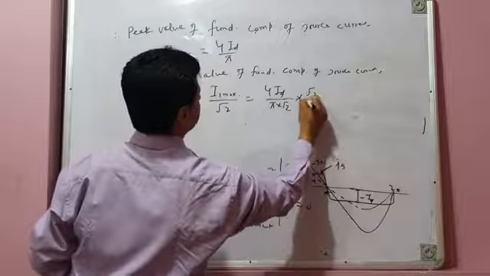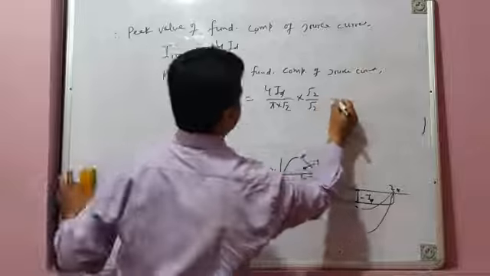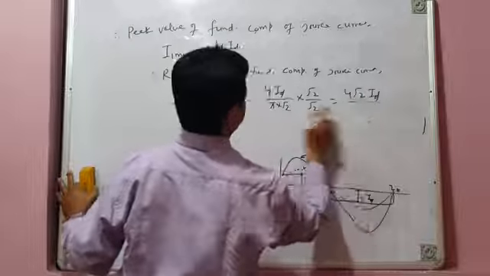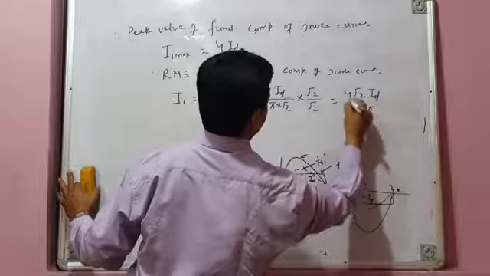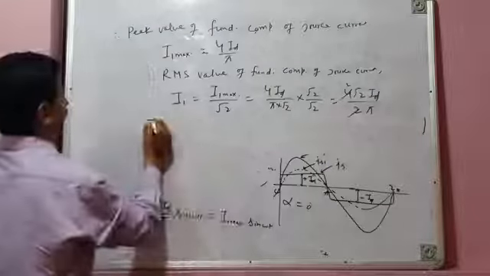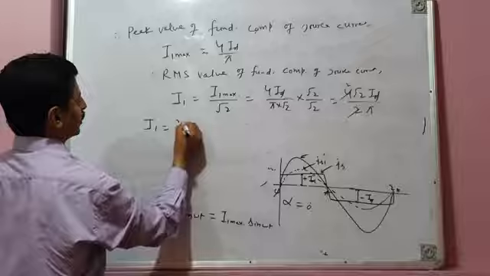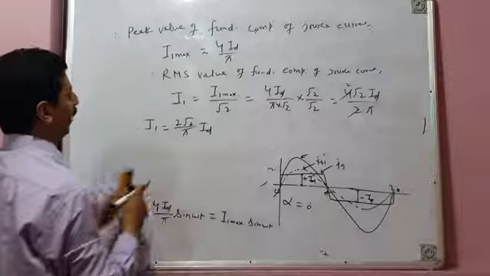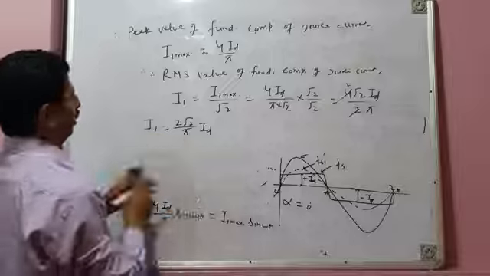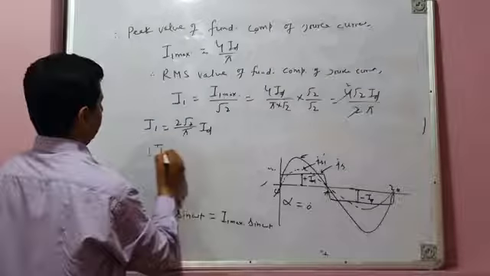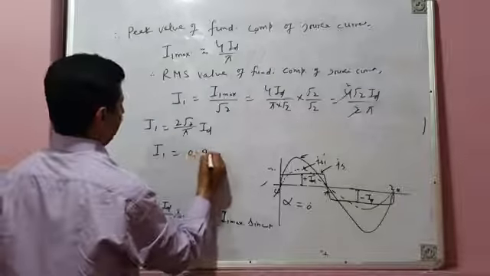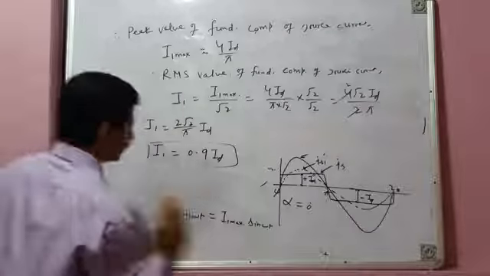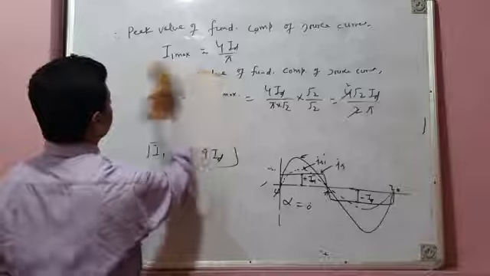Rationalizing it, multiply and divide by root 2. So this is 4 root 2 ID by 2 pi. 2 2 are 4. So the RMS value of the fundamental component of the source current is 2 root 2 by pi ID. And 2 into root 2 divided by pi is 0.9. So I1 is equal to 0.9 ID. Very important. This is what we wanted.